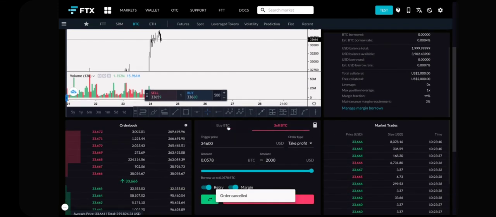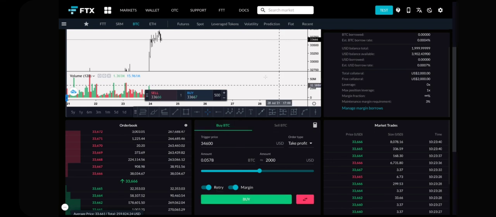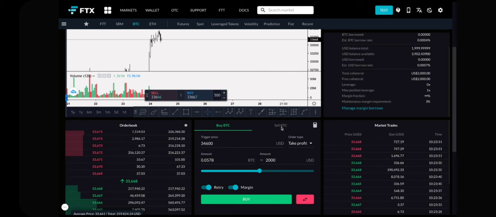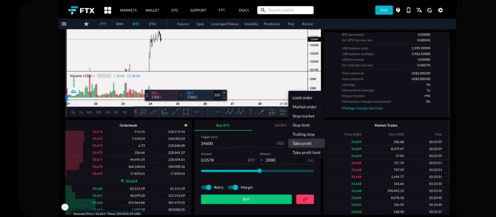Again, it works the same the other way around. If you're doing a buy take profit, that means it's going to place a buy order whenever price drops down to the level, and that's if you're shorting, obviously. Shorting we're going to come on to in a second. Shorting and everything is done through the perpetual futures, but I'm just showing spot trading at the moment.